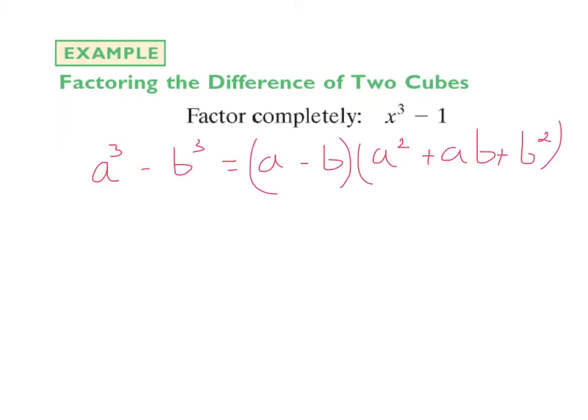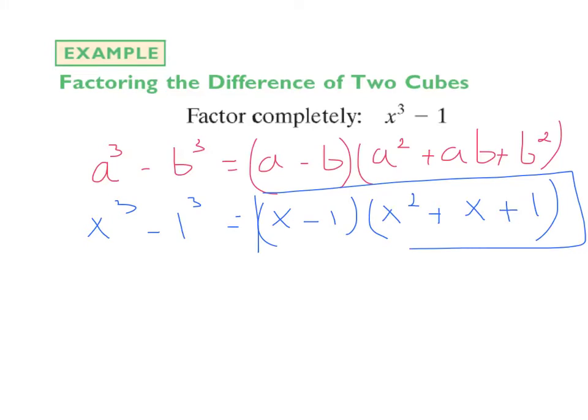As we see here, we have x cubed minus 1, and we can write it as 1 cubed. So we have x minus 1 times x squared plus x times 1, which is x, plus 1 squared, which is 1. And that's the final answer.